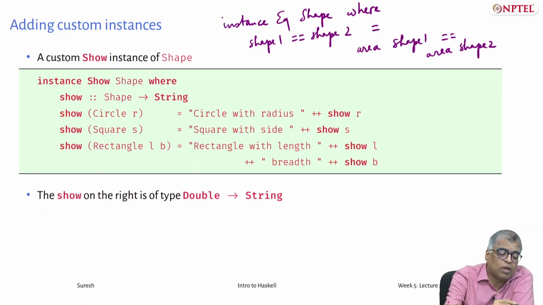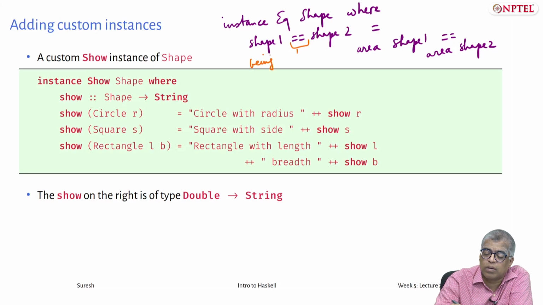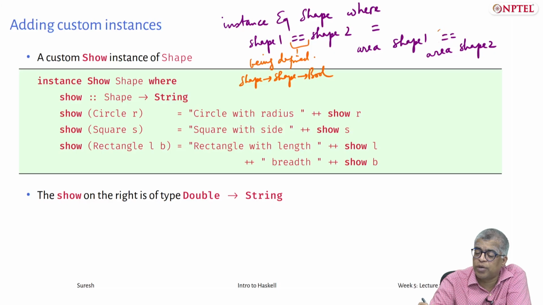As usual, this is being defined and is of type Shape arrow Bool, whereas this is being used, and the type is Double arrow Bool.